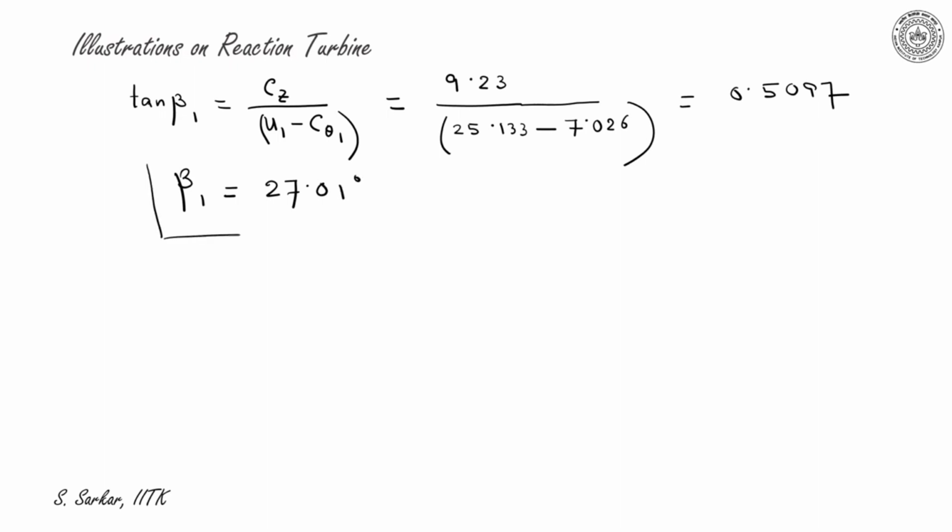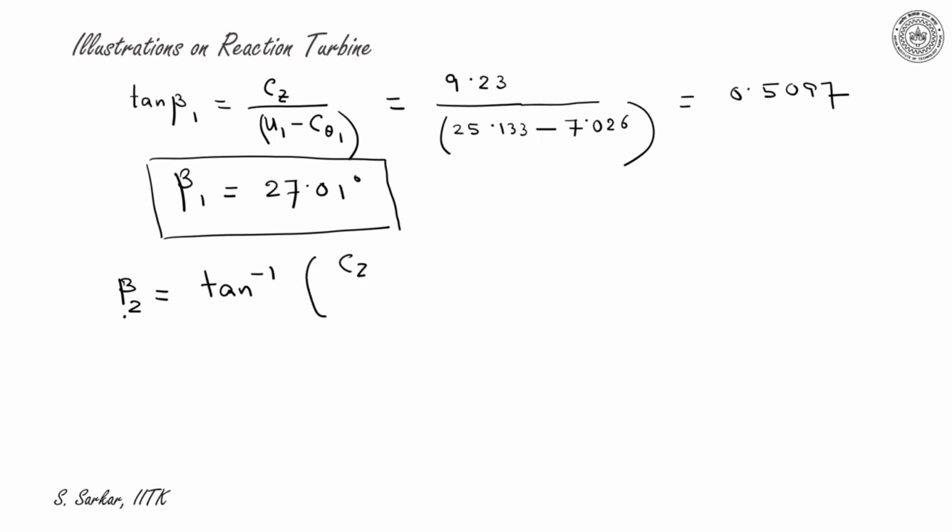Here U2 would be equal to W theta 2. Put the values, tan inverse Cz equal to 9.23 divided by U2, here 25.1.